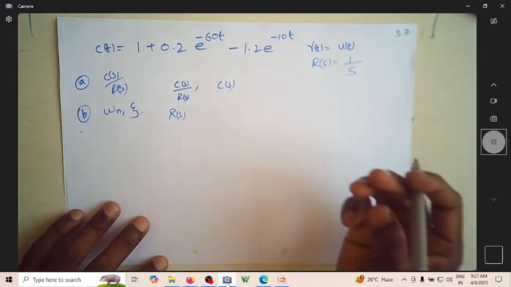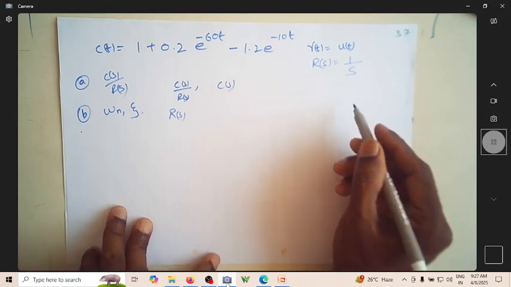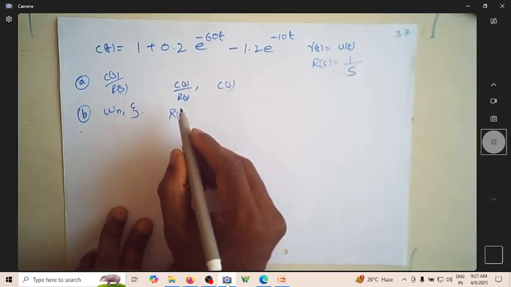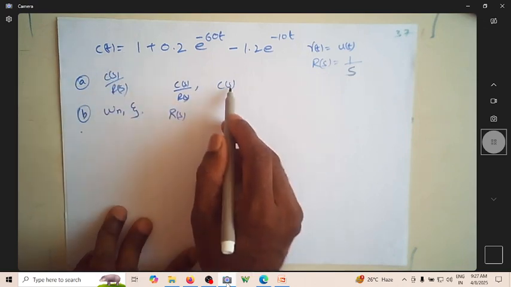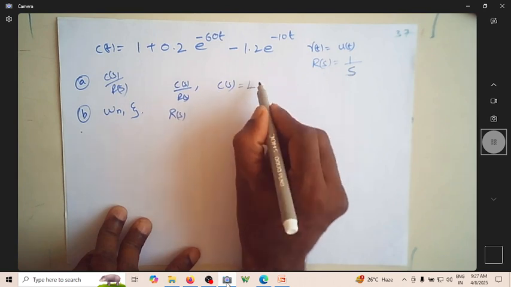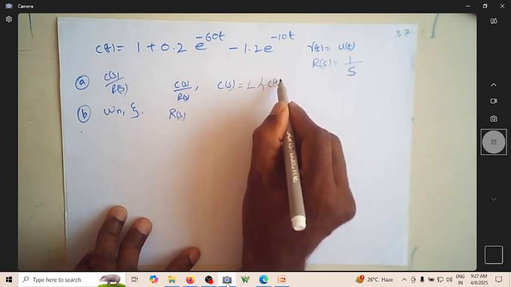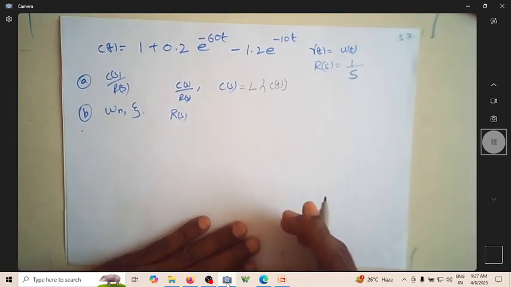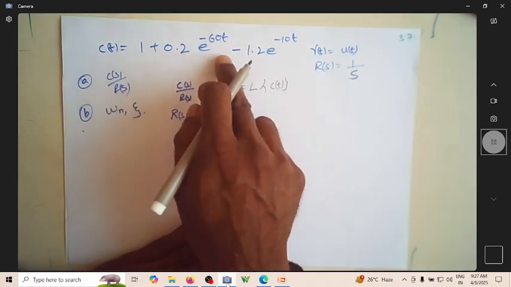Let us find C(s). What is C(s)? It is nothing but the Laplace of c(t). So what is c(t)? c(t) is given by this.